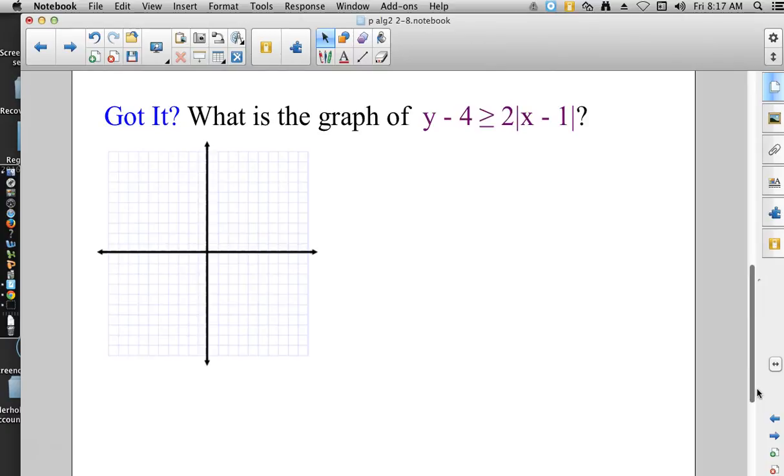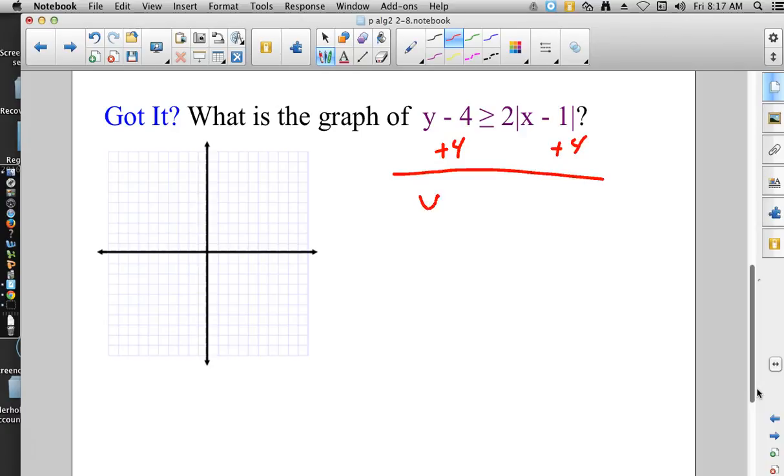y minus 4 is greater than or equal to 2 times the quantity x minus 1. Is that ready to go? What's wrong with it? Okay, can we move it over? Sure. Where's the new vertex for that? 1, 4.